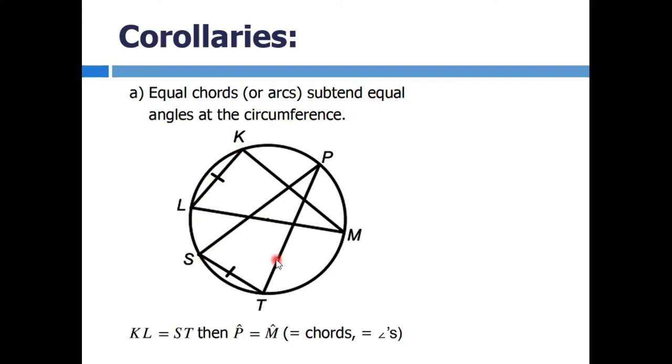If my chords are always going to be equal or not, your chords aren't necessarily equal, but if they are equal, they will create equal angles at that circumference. Okay, so this is saying that if they are equal, they will create equal angles. And the reason we use for that is equal chords, equal angles.